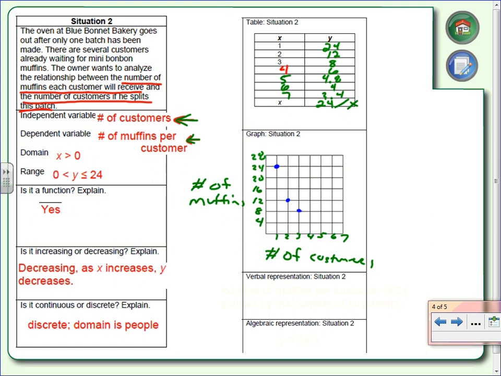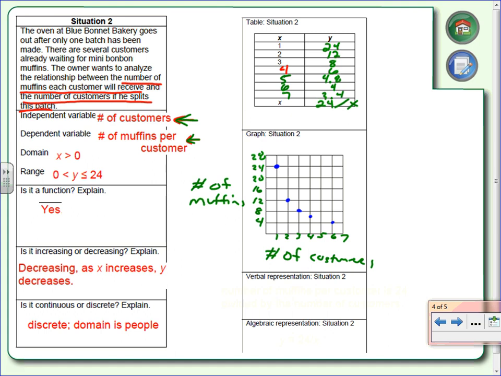What is that? (4, 6). Now for (4, 6), we're going to have to just estimate it somewhere between the 4 and the 8s. Then (5, 4.8). I'm going to skip over that one because, like I said, you really can't have 4.8 muffins. So let's do (6, 4). (6, 4) is right here. And then I'm also going to just leave out that (7, 3.4).